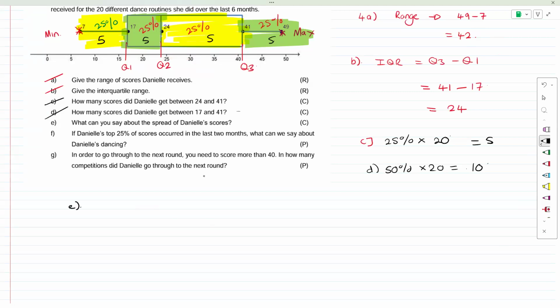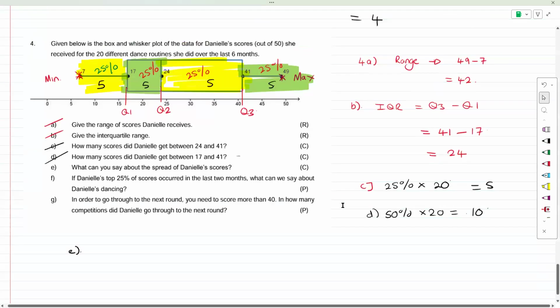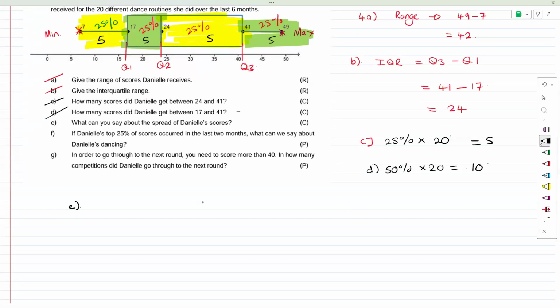E, what can you say about the spread of Danielle's scores? Now, this one is a bit tricky. I could say all the low scores are close together. Most likely when she started off, she was very bad. And then she got better and better as time went by.